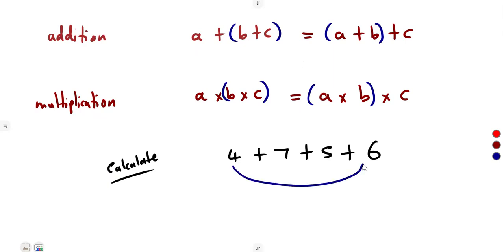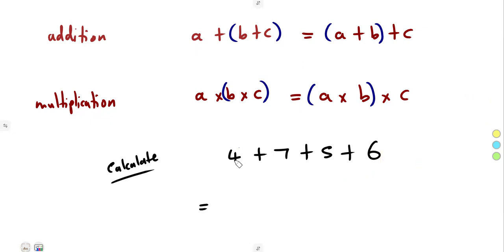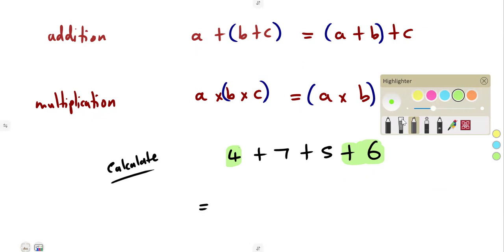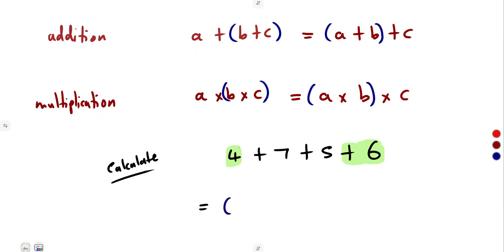If I add these two, I'm going to get 10. It is just easier. So I can choose to group these 4 and 6. I'm going to simply have 10.